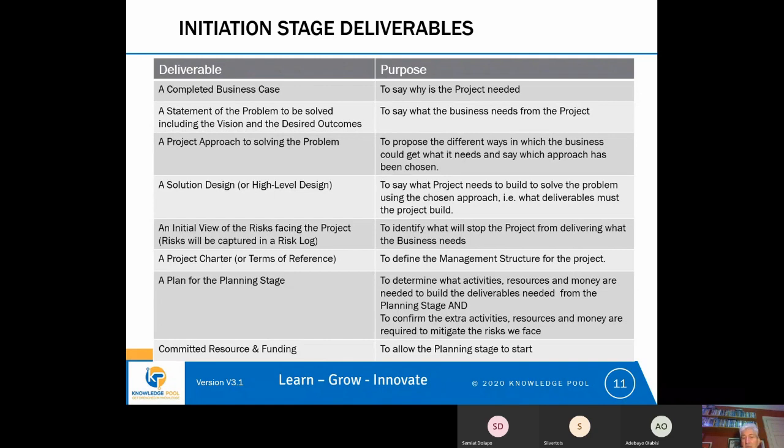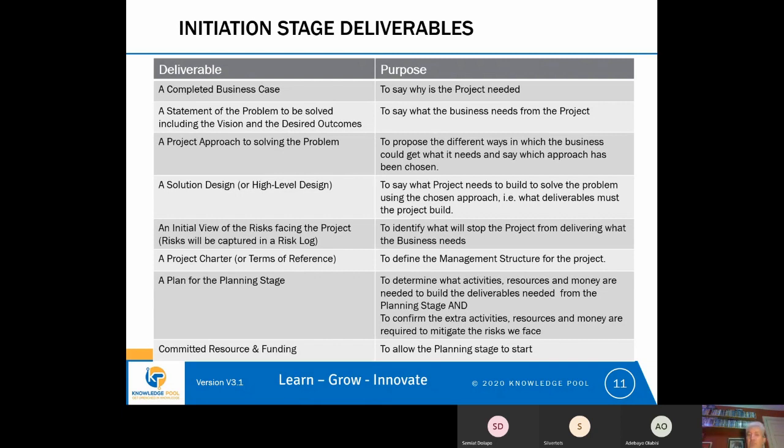And there may be other management groups that are set up to support the project. On a very large project, there may be a design group where a number of different designers come together in order to talk about the design of the solution.